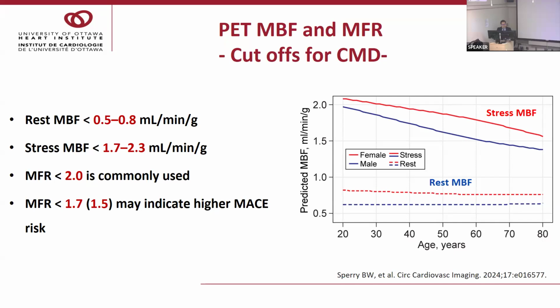In general, females tend to have higher values for both rest and stress MBF, as shown in this figure. MFR below 2.0 is widely accepted as indicating coronary microvascular dysfunction. However, some studies suggest that a more strict MFR cutoff, such as 1.7 or even 1.5, may carry stronger prognostic value.